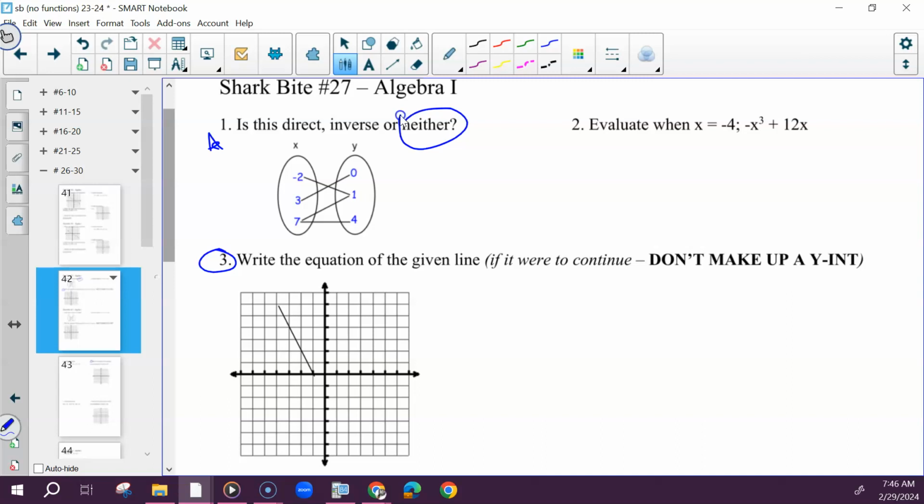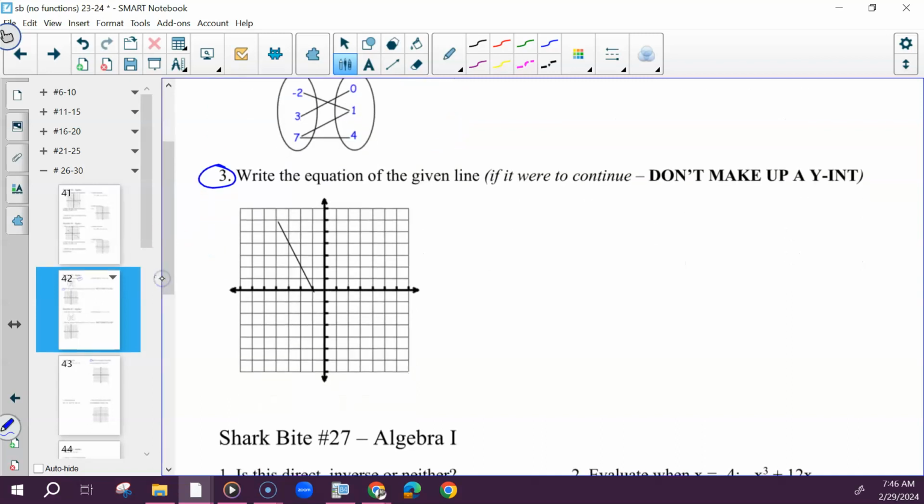Number 3 could be done in Desmos, so I'll explain how in a moment. But if we were to write the equation of this line, we can find the slope from the given graph. If it were to continue, this would have a -2 slope. And then if I keep going with that slope, I should end up at -2 on the y-axis. And that would be your equation.